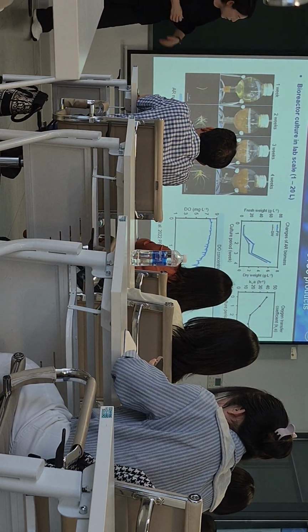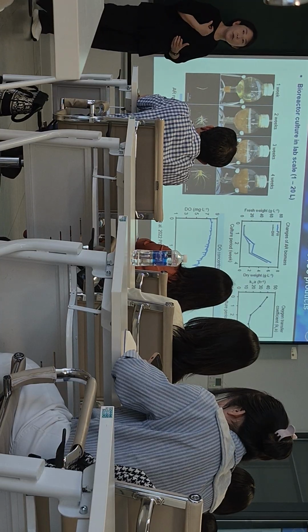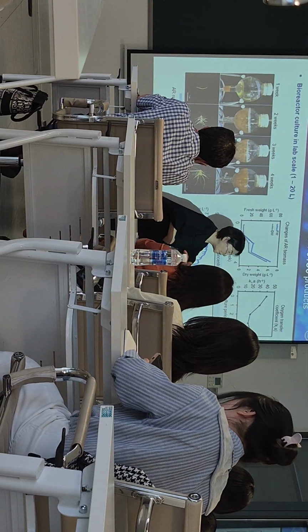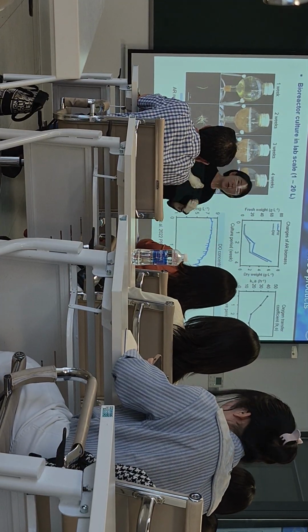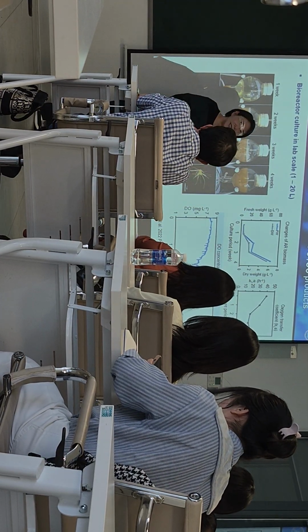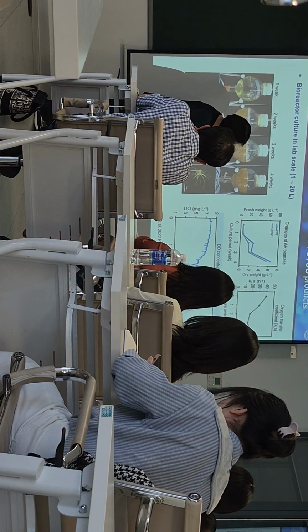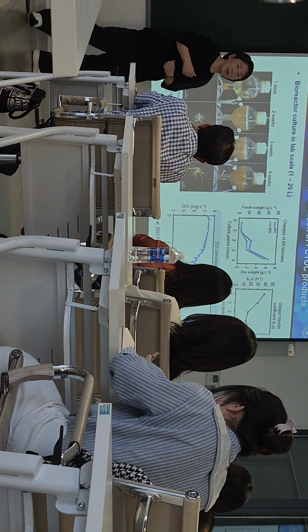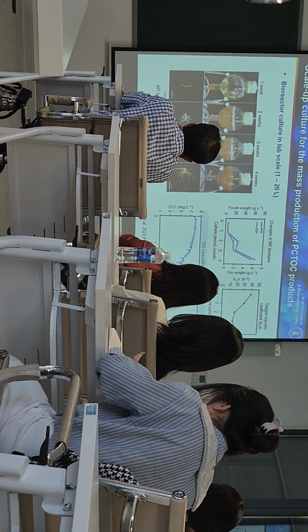So after seeing this kind of graph, we thought that maybe they run out of oxygen at this time and we need to supply more oxygen. So usually in the third week we put in more oxygen so that they can use it.